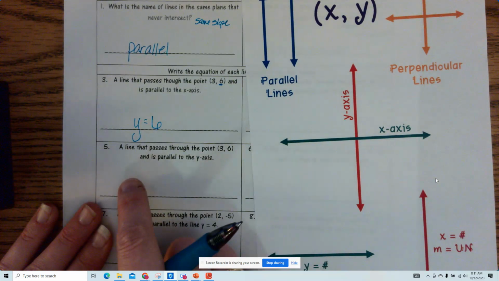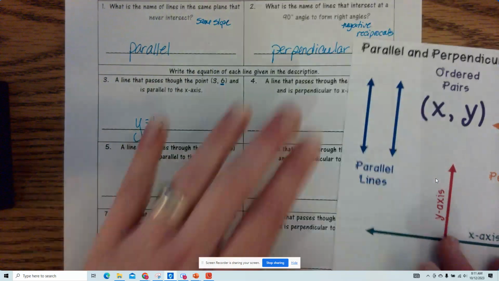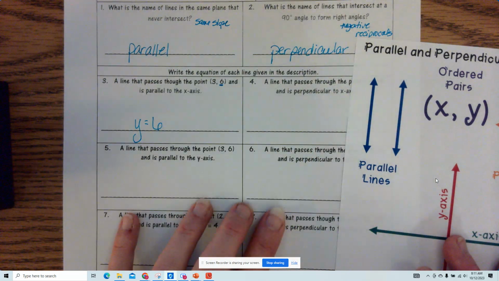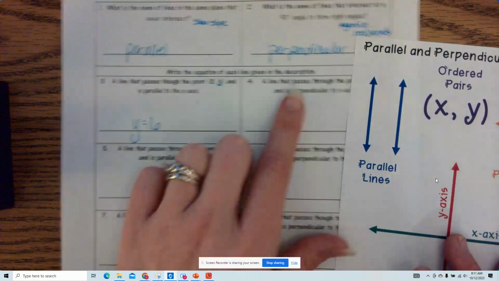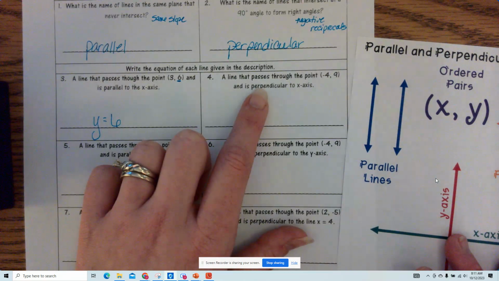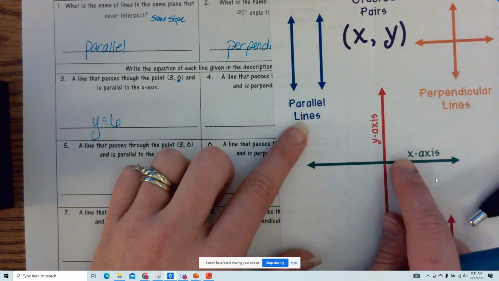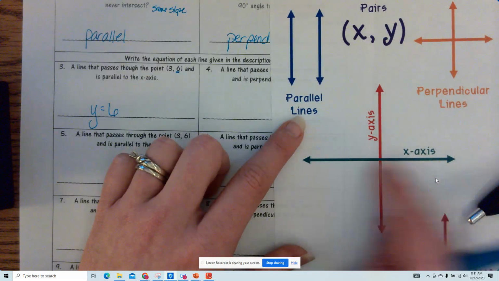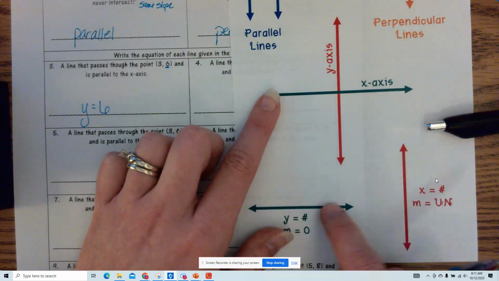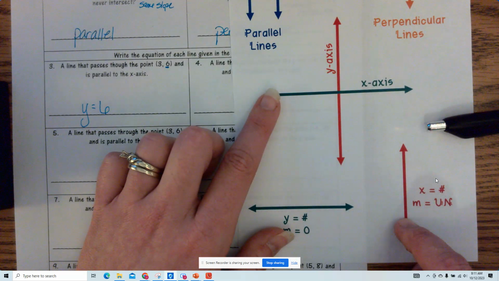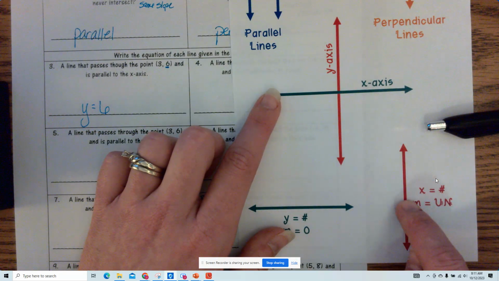All right, so a line, actually, let's do this one. A line that passes through the point -4, 9 and is perpendicular to the x-axis. So if it's perpendicular to this line, is it going to be horizontal or vertical? Vertical, so it's going to be the opposite.